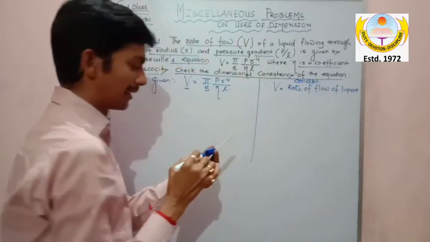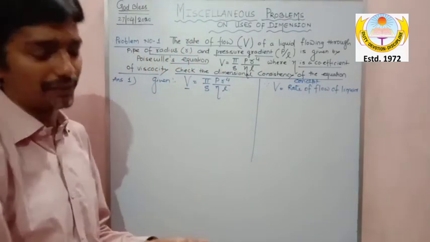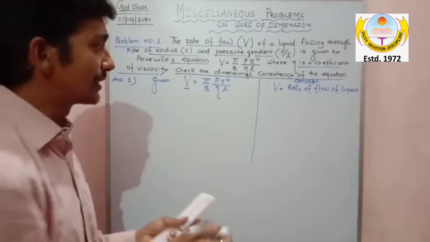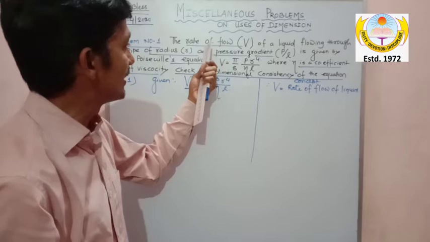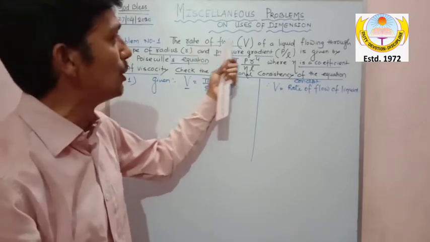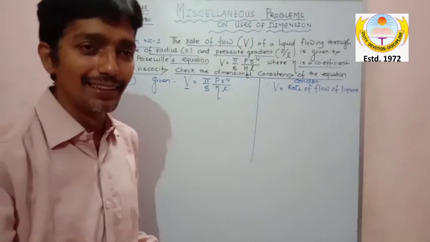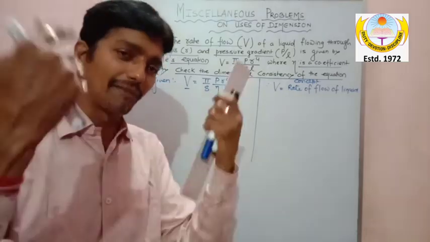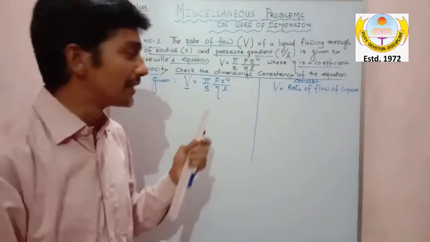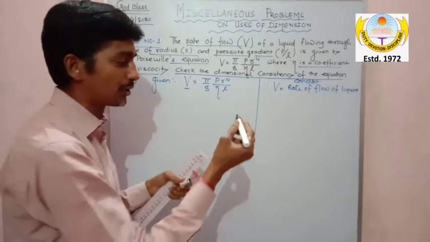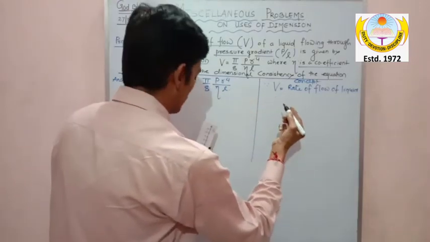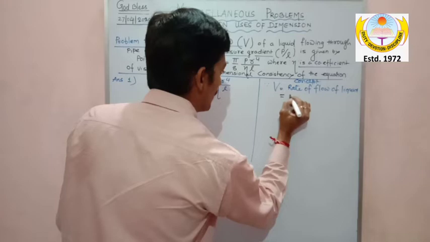So please try to understand the beautiful concept of this question. Here, V is not volume. If it were volume, they would have written volume of liquid here. Please don't assume yourself it is volume. We have given the words rate of flow. So what is rate of flow? I'll tell you what is actually the meaning of this. This is nothing but volume of liquid.